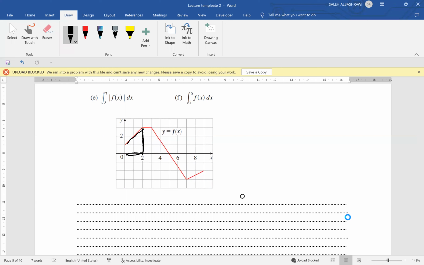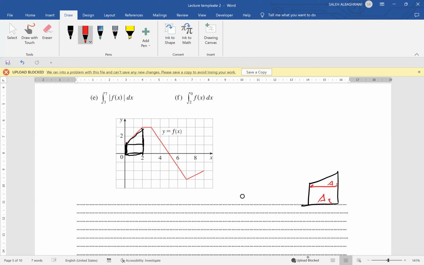which is a trapezoid, or I can write it as a triangle and a rectangle. So the shape of the function over this interval takes this shape. I have a triangle there, we call it A1, and a rectangle, A2.